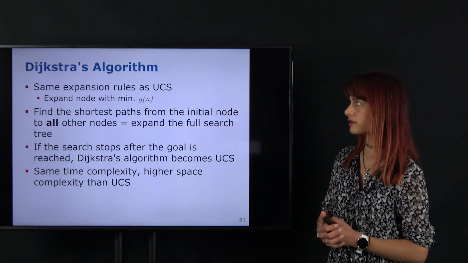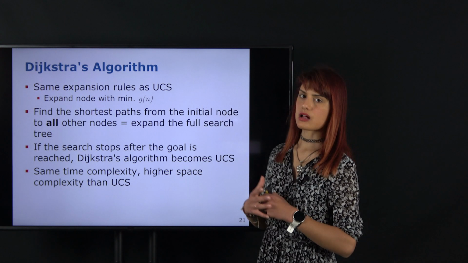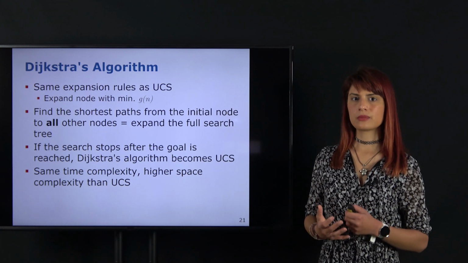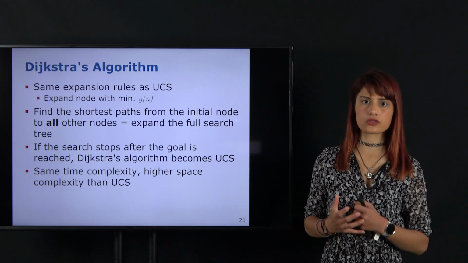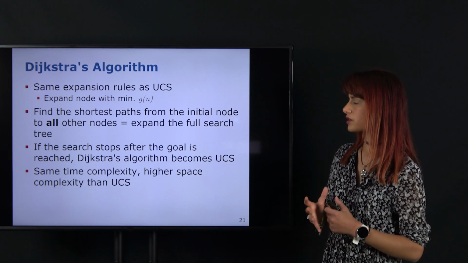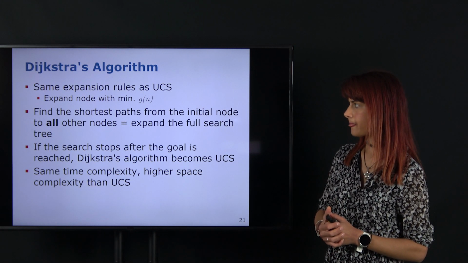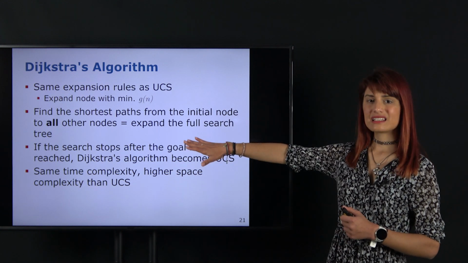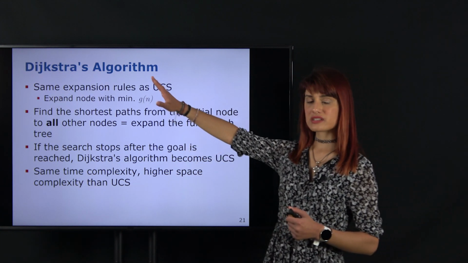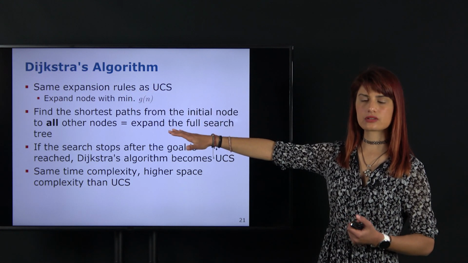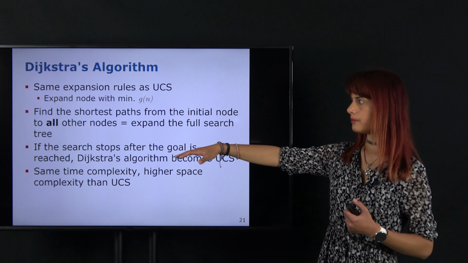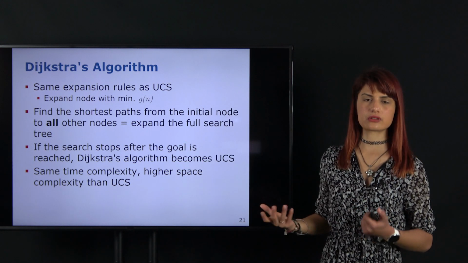Another related algorithm is Dijkstra's algorithm, which follows the exact same expansion rules as uniform cost search. So we always go for the node with the minimum accumulated cost. The key difference, even though it uses the exact same rules for expansion, is that Dijkstra is, by definition, not goal-directed.